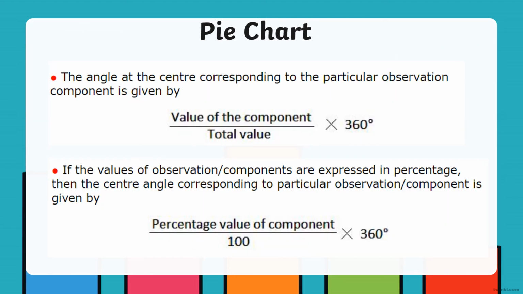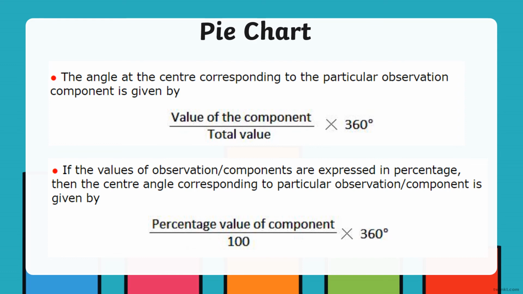And take note, the angle at the center corresponding to a particular observation component is given by the following formula: the value of the component over the total value times 360 degrees. If the given is a number, for example, you just need to divide it by the total data values times 360 degrees.